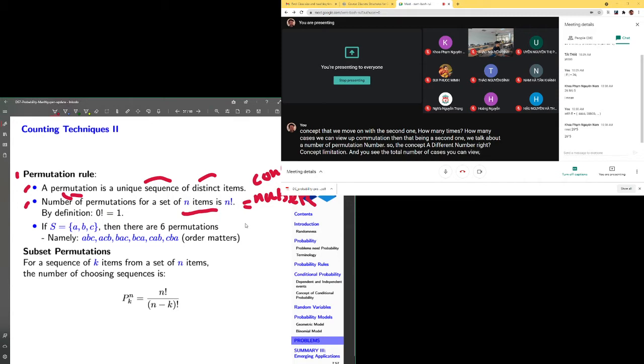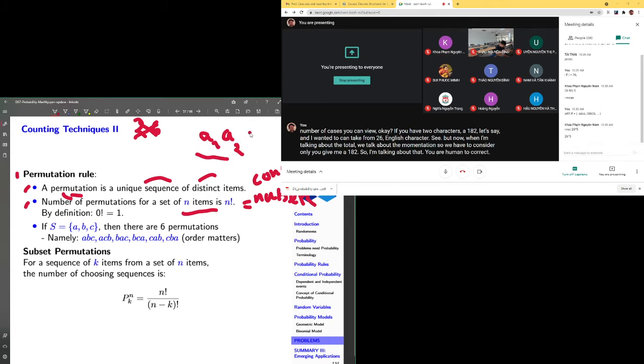Okay. If you have two characters, A1, A2, let's say, and A1, A2 can be taken from 26 English characters. You see? But now we don't talk about the total, we talk about the permutation. So we have to consider only that you give me A1, A2. You are given two characters.